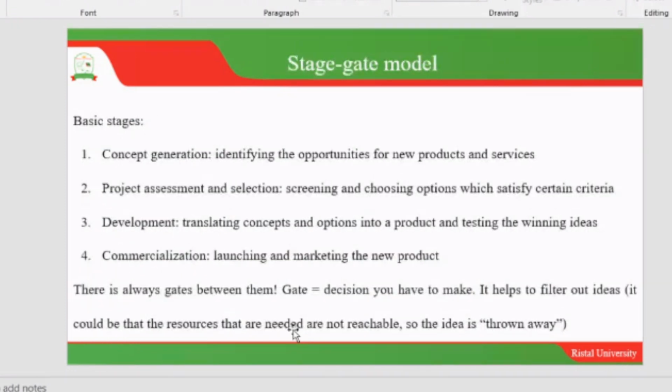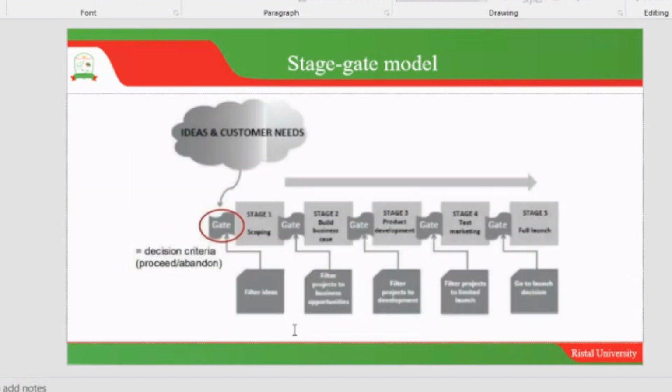So in the stage gate model, if you are to visualize it from this slide, I hope it is a bit clear for us to see that as healthcare managers that are sitting in this class, if we are going to put up an innovation, we have to first look at the ideas based on the problems that are existing in the society, or the population that we want to serve.